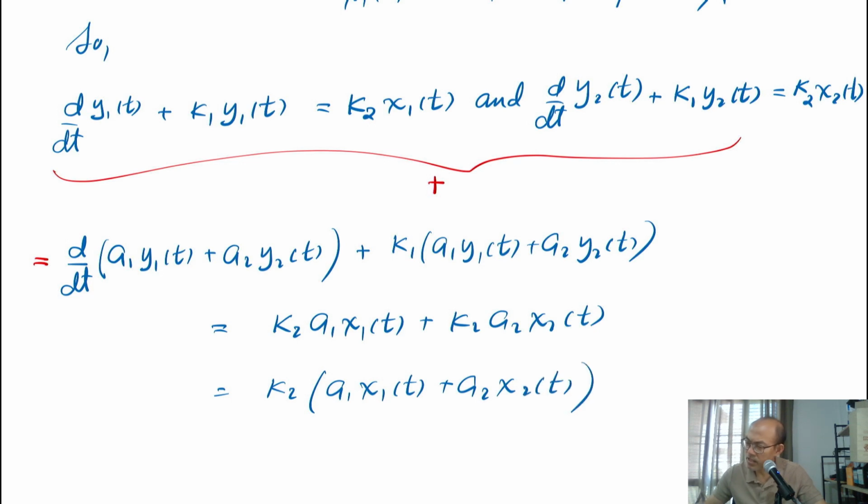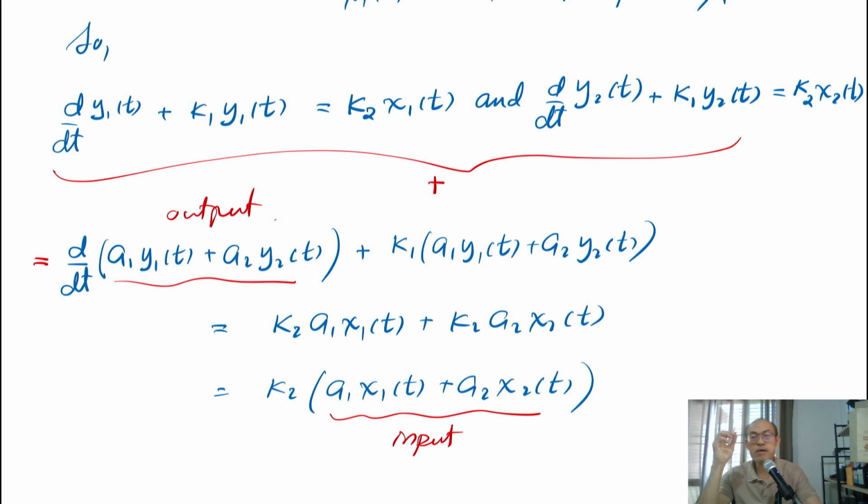So this is the input, and this is the output. From this equation, we can see that the output from this input is exactly equal to this. But y1 and y2 are the responses from x1 and x2 respectively.